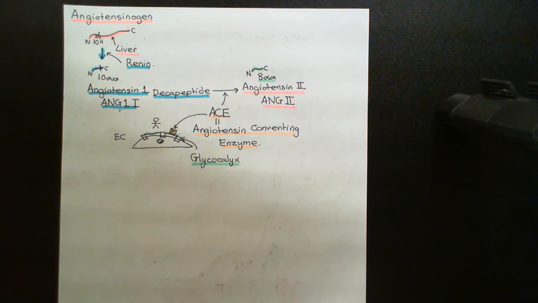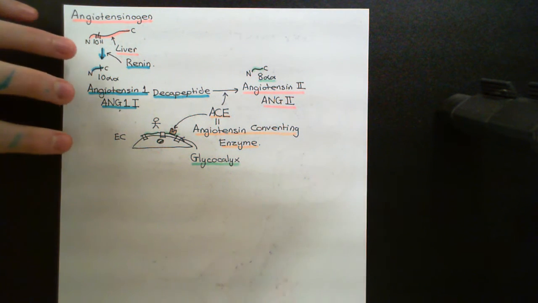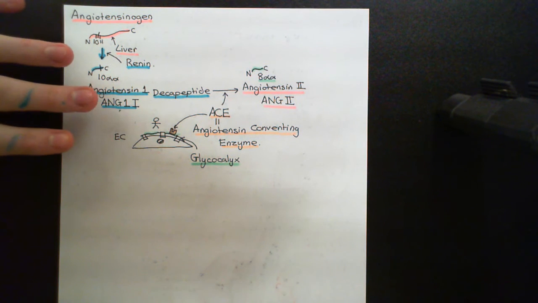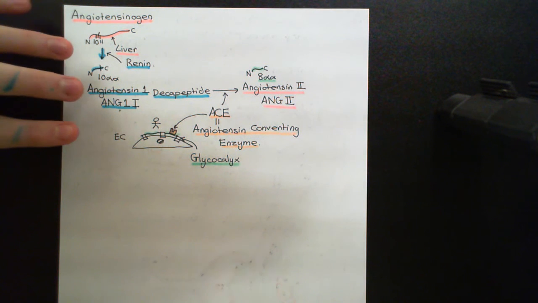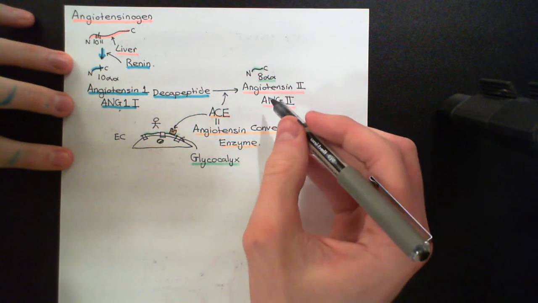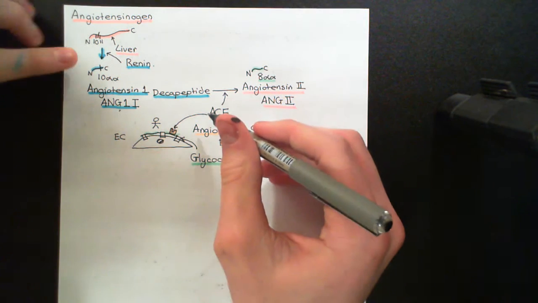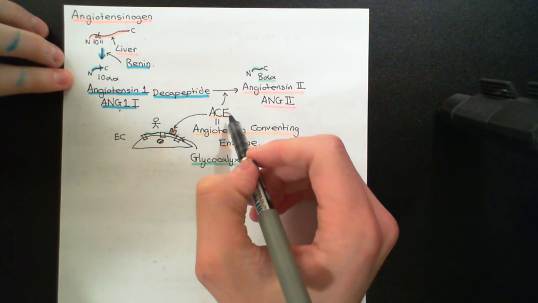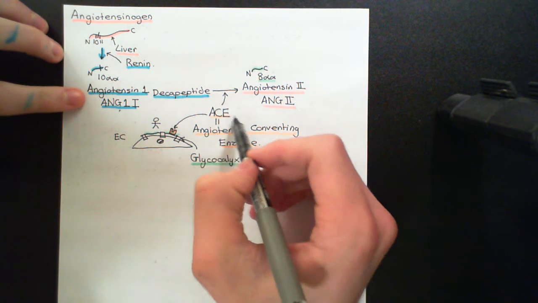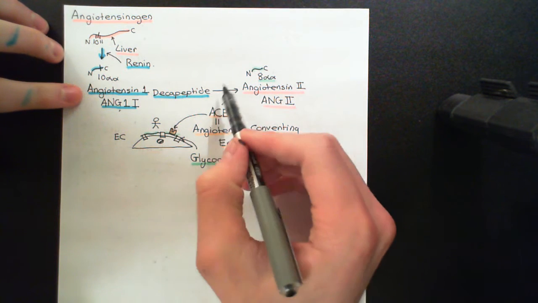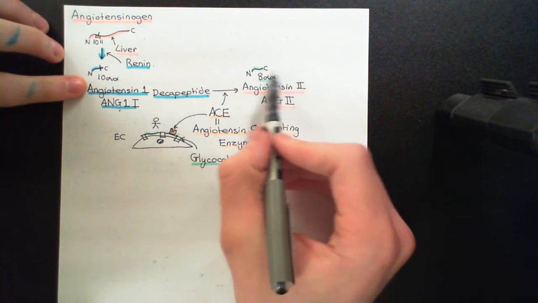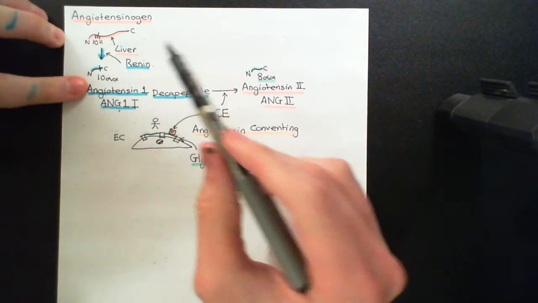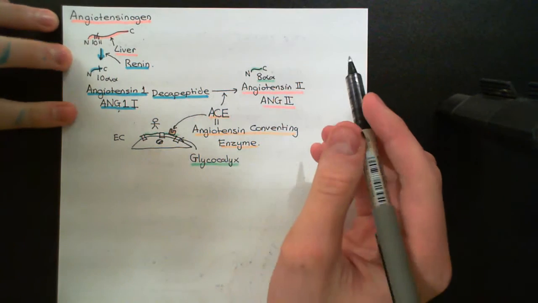But the point is that they are readily available to convert angiotensin 1, which is in the blood, into angiotensin 2, which is in the blood. So the instant you produce angiotensin 1, it will be converted to angiotensin 2 by ACE enzymes. So this is not a limiting control point for the production of angiotensin 2. The control point is the conversion of angiotensinogen into angiotensin 1.